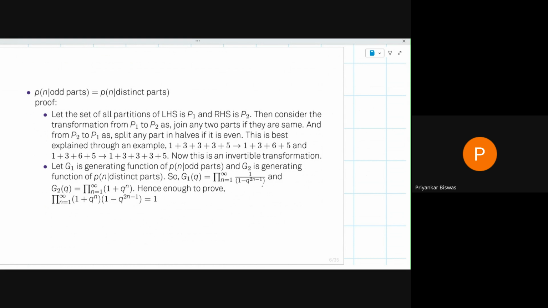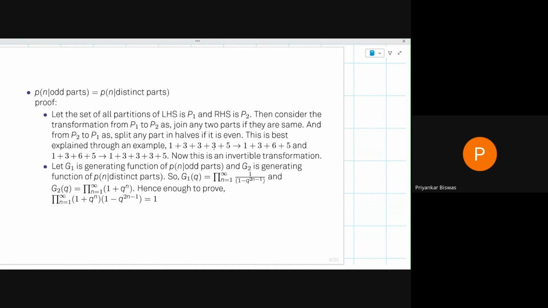Like if we have 4 threes, then first we will join 2 threes, we will get 6 and 6, and we still haven't got all parts distinct, so we'll then also add 6 plus 6 to get 12.